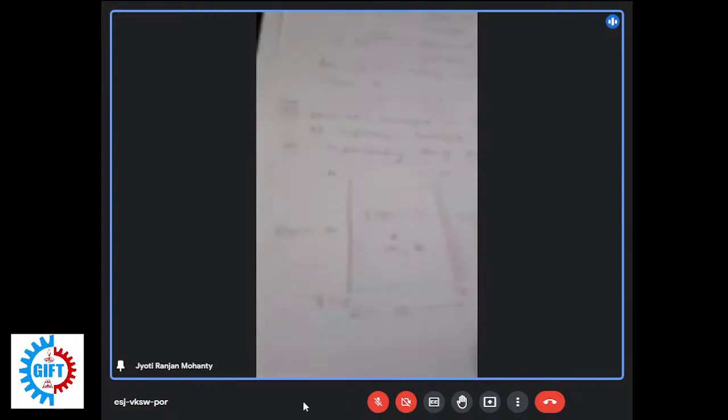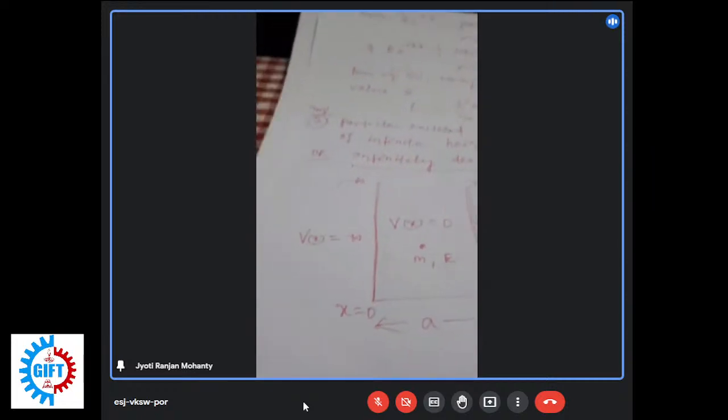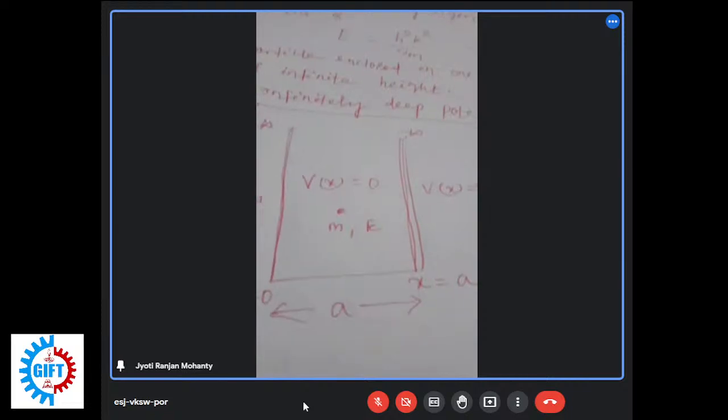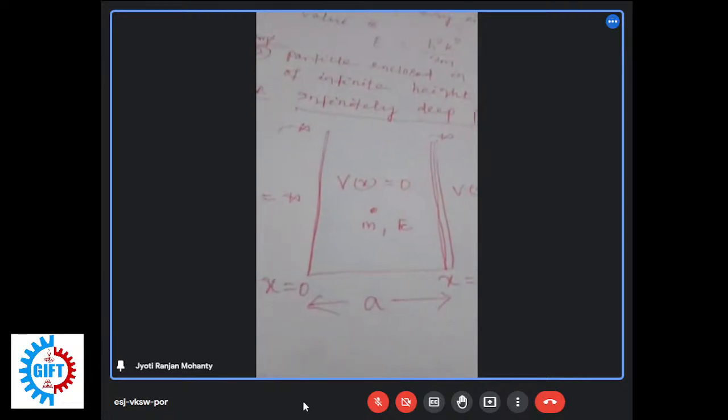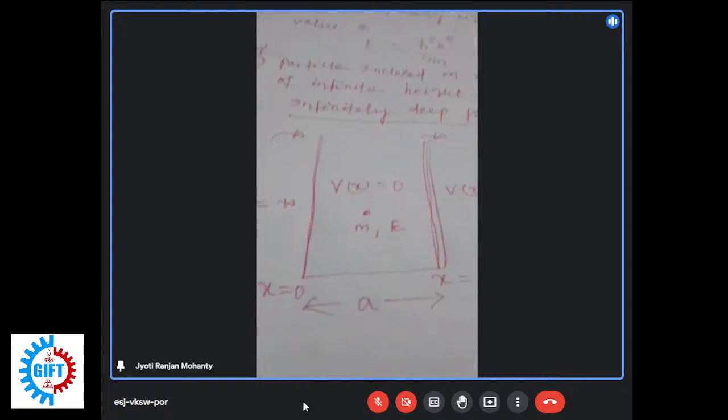Understood? So this is the diagram, pictorial representation of what? One particle is kept inside a one-dimensional potential box, or we can say an infinitely deep potential well. Well means kua.